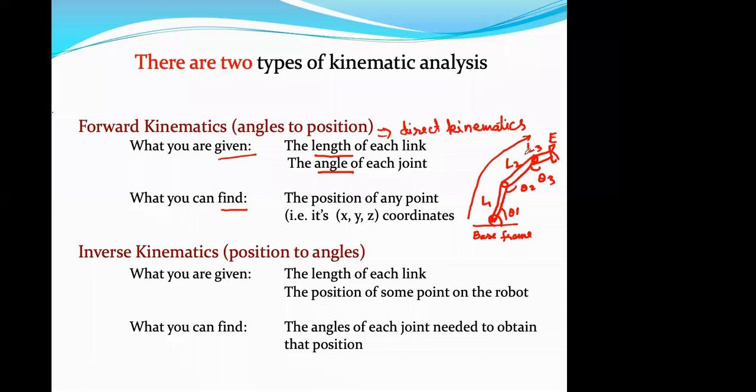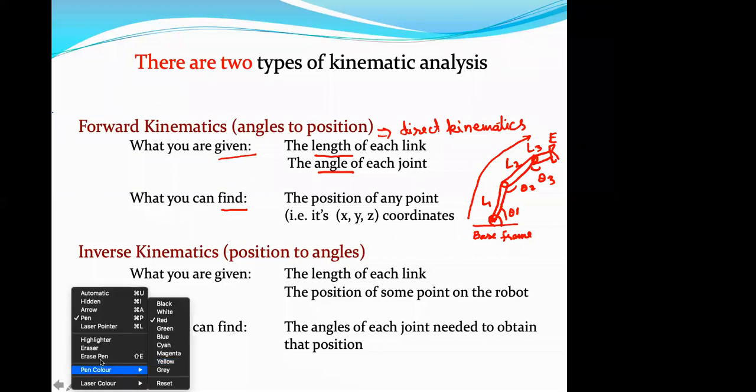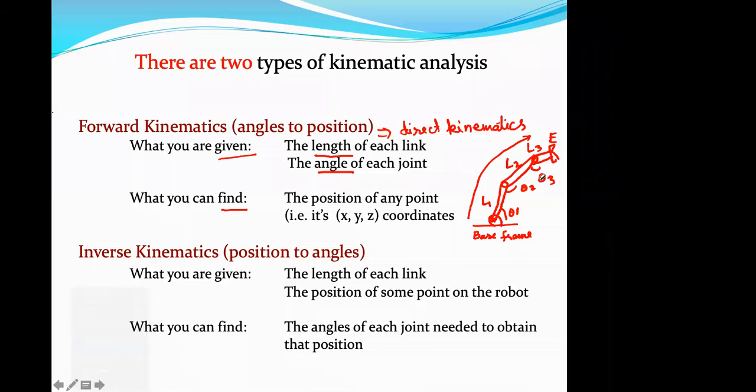So I think the idea of forward kinematics is quite clear. Now what is inverse kinematics? In inverse kinematics, what have been given to you? Let us erase something here. Now I am making the inverse kinematics aspect.